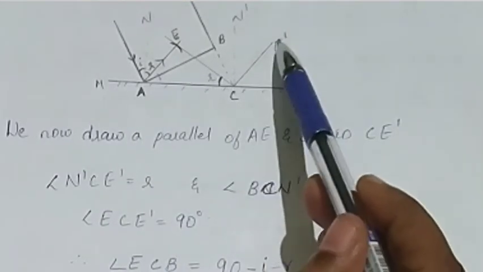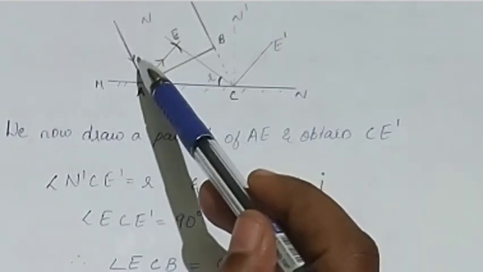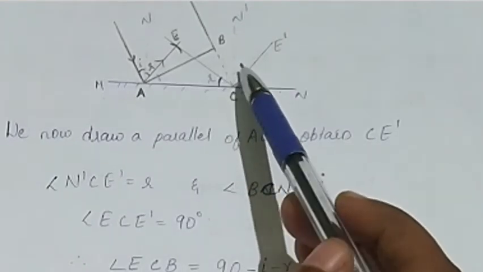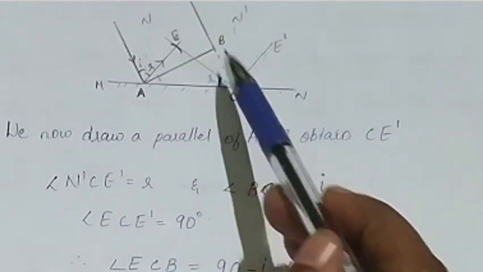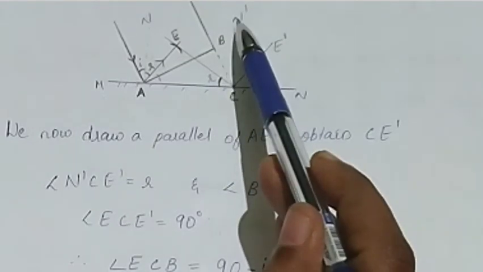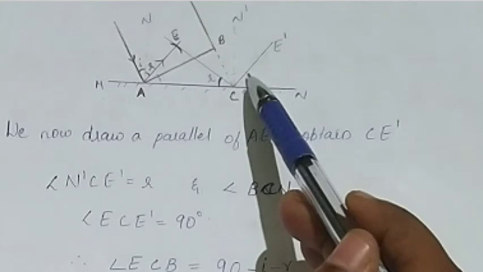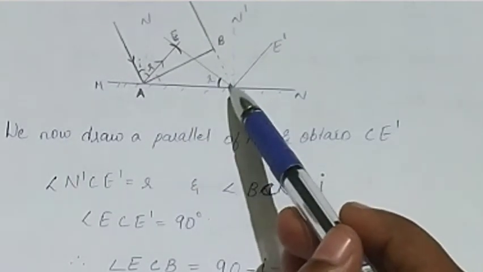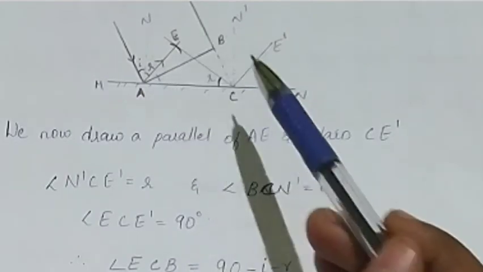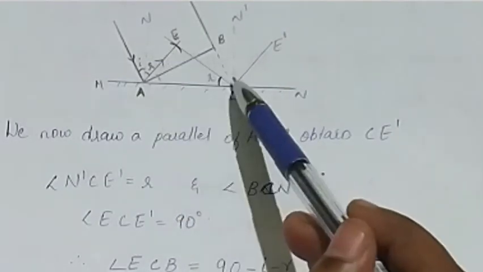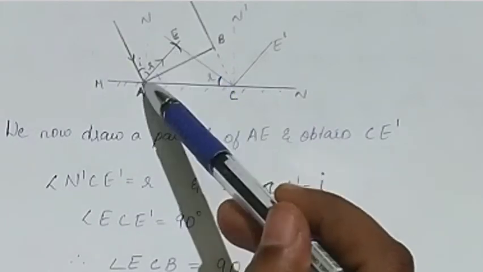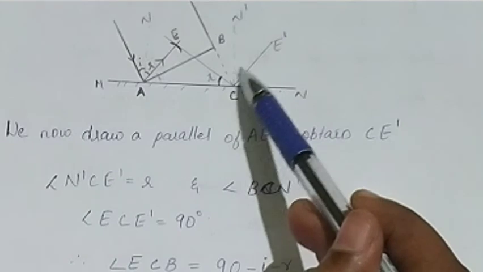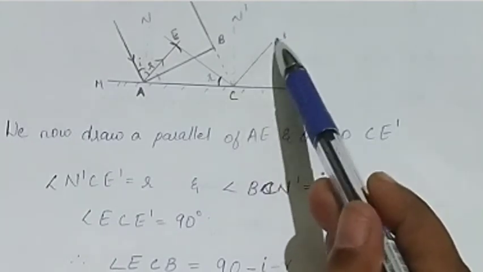By drawing a parallel to this, we obtain the same figure here, and therefore angle BCN dash is I and angle N dash CE dash is R. We know that the line EC is a tangent to the arc drawn here. As AE makes 90 degrees with the reflected ray, similarly EC makes 90 degrees with the parallel ray drawn here.